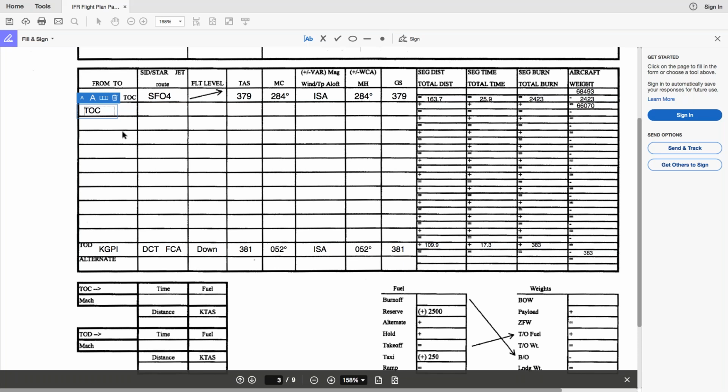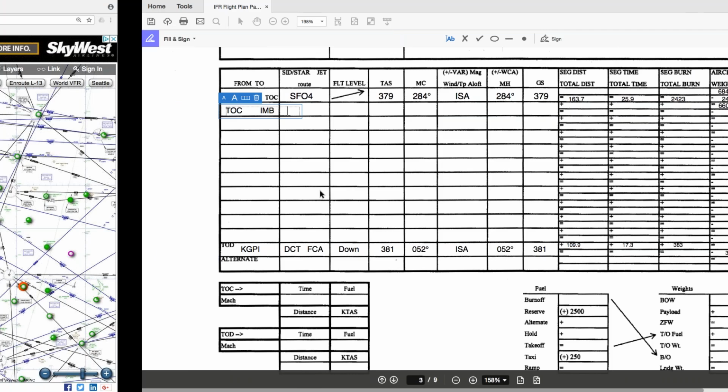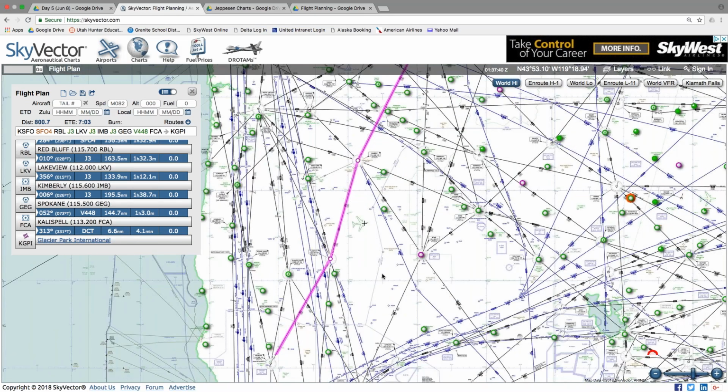All right, so top of climb to IMB is our first leg. The jet route that we're on for that leg, you can see that J3 is pretty much the only jet route we fly on, right?